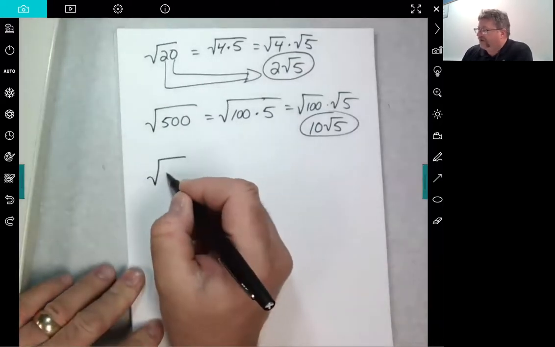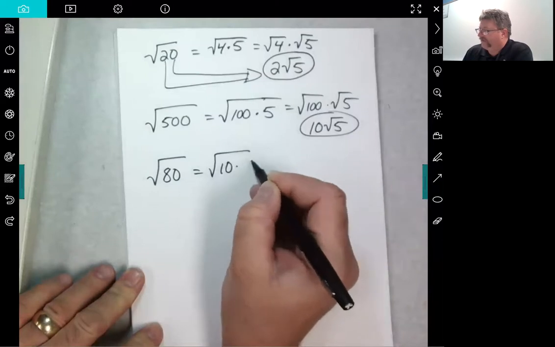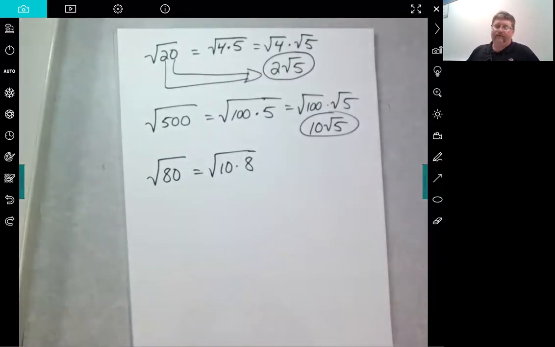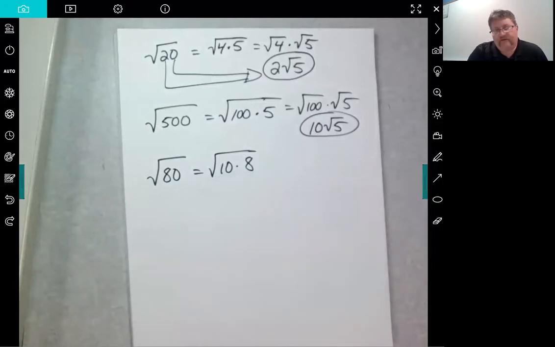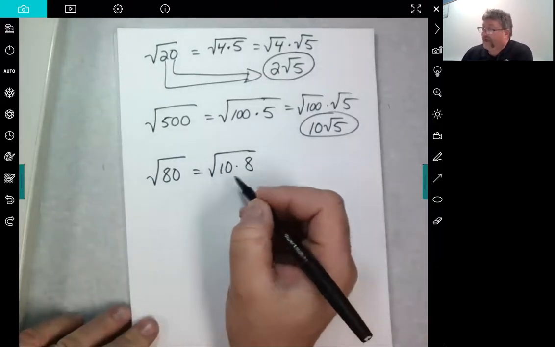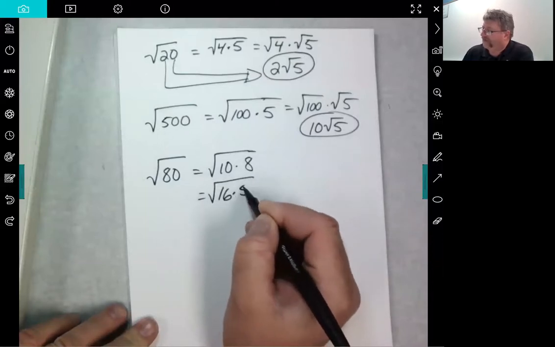If I ask you radical 80, you might say, well, 10 times 8 is 80, so I'll do that. Now you haven't made a mistake, but neither one of these is a nice, pretty radical. So we want to put the brakes on and try something different. What if instead I said, aha, 16 times 5 is 80?